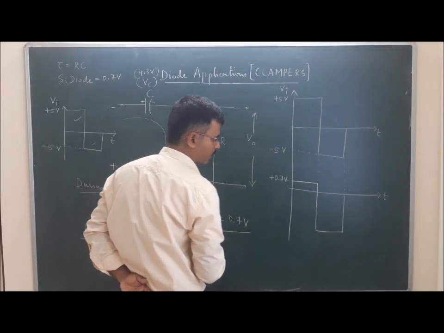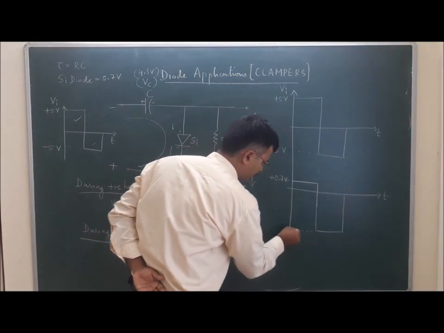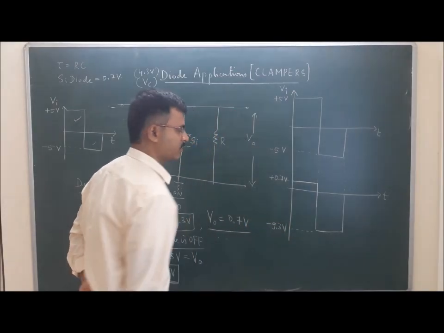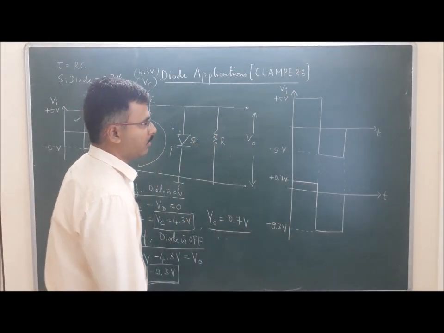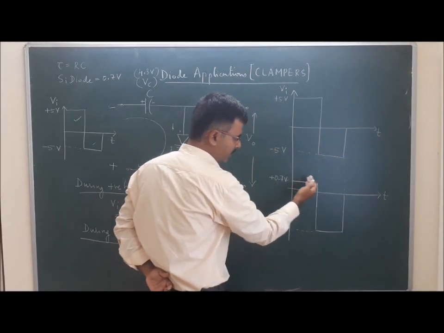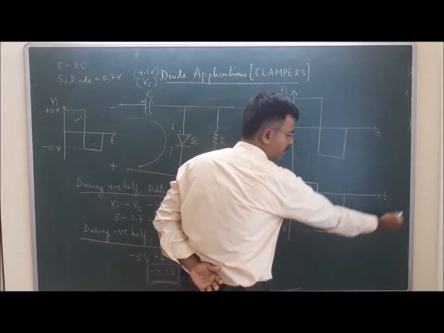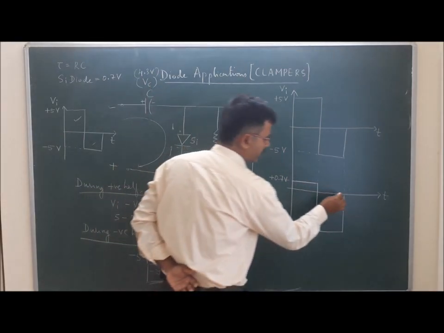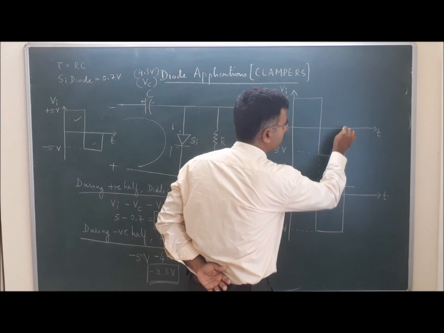So this is the voltage that appears, minus 9.3 volts. Okay. Now as the input cycle keeps on continuing, so does the output cycle also continue. Okay, so this actually continues in a similar way.